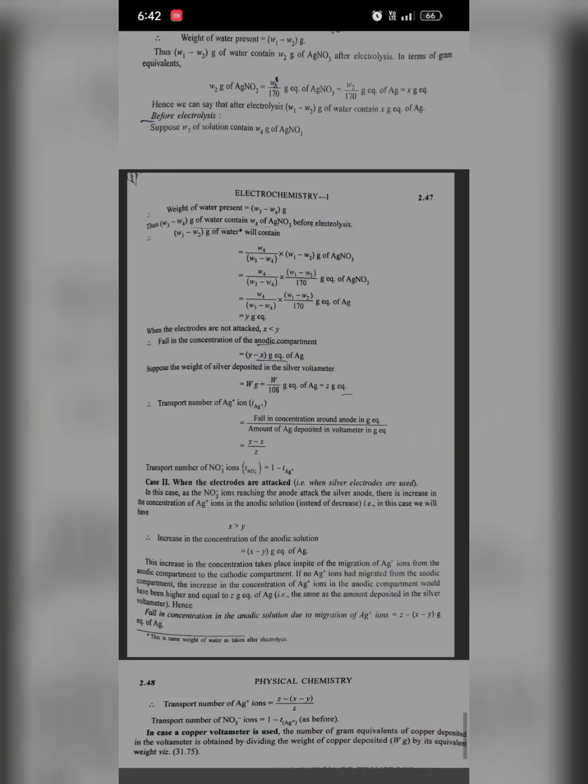So weight of water present is W3 minus W4 gram. Thus W3 minus W4 gram of water contain W4 gram of AgNO3 before electrolysis. W1 minus W2 gram of water will contain W4 upon (W3 minus W4) into (W1 minus W2) gram of AgNO3. So this is equal to Y gram equivalent.